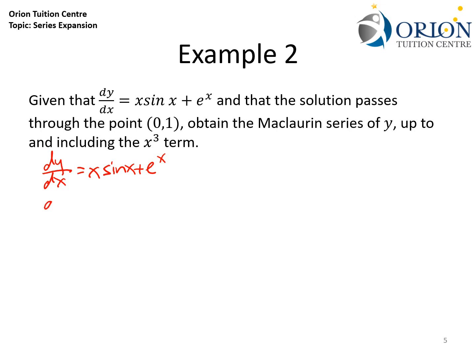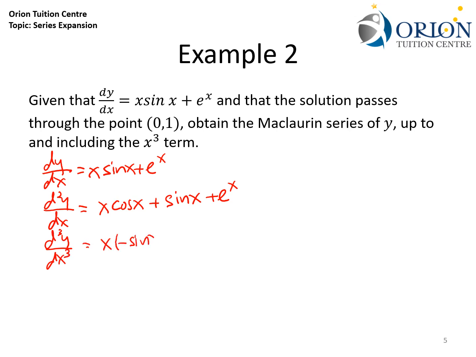Based on this, I can differentiate it: d2y/dx squared equals x times cosine x plus 1 times sine x, which is sine x, plus e to the x. I differentiate this again, and d3y/dx cubed gives us x times negative sine x plus 1 times cosine x, which is cosine x, and differentiation of sine x gives me another cosine x and an e to the x, which I can simplify into negative x sine x plus 2 cosine x plus e to the power of x.